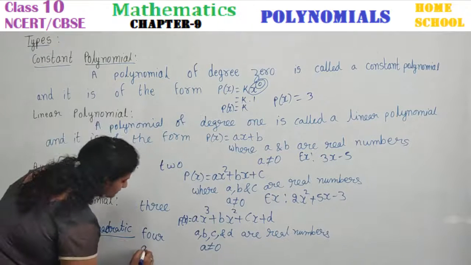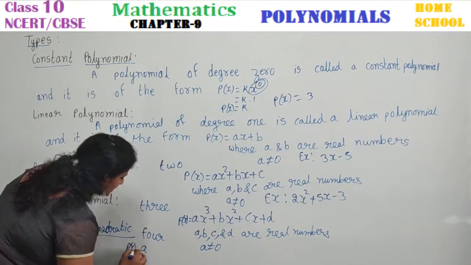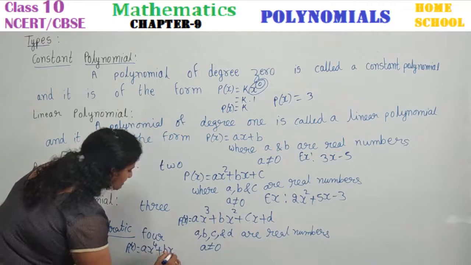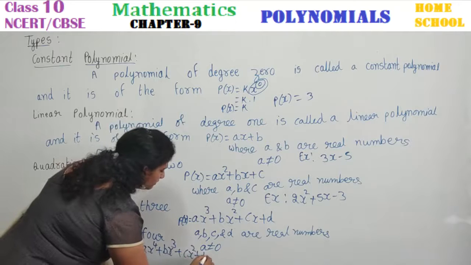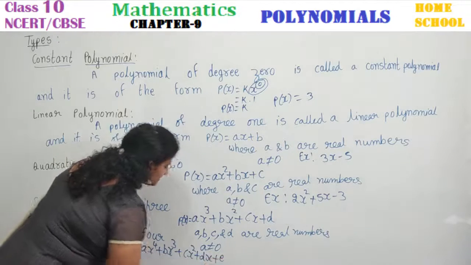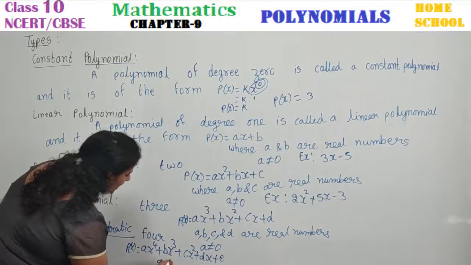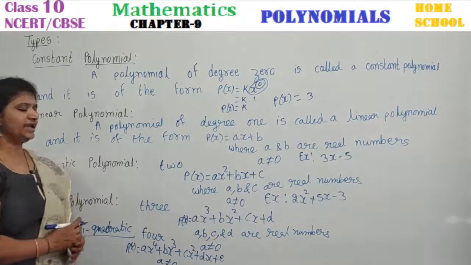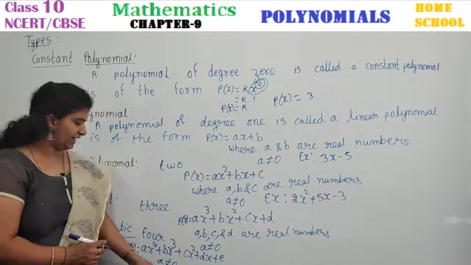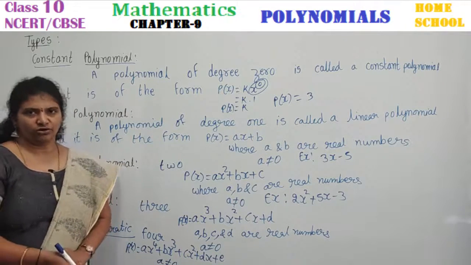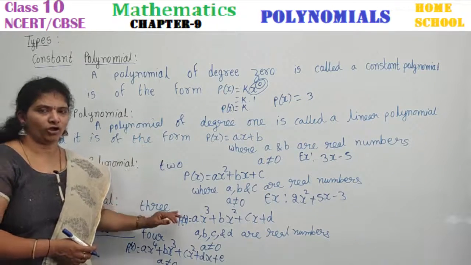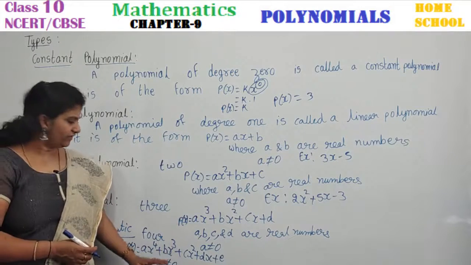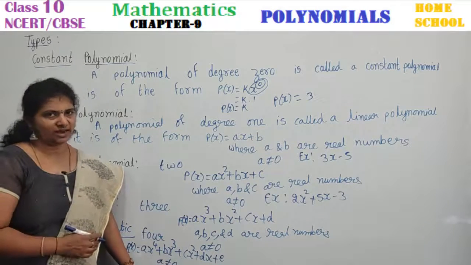That is, p of x is equal to ax power 4 plus bx cube plus cx square plus dx plus e, where a, b, c, d, e are real numbers and a cannot be equal to 0. We use constant, linear and quadratic polynomials in this chapter. We will use the others in our future classes.